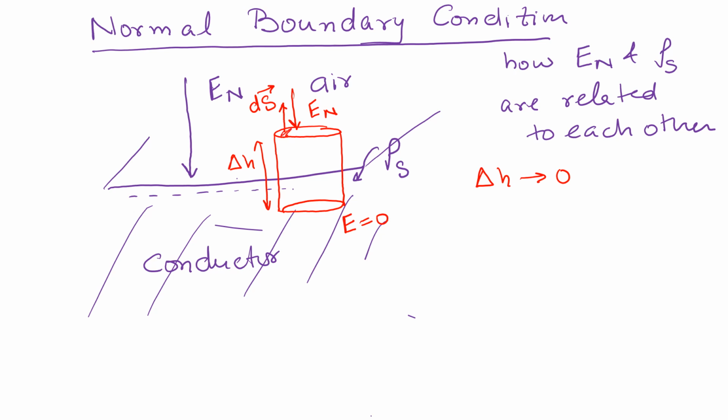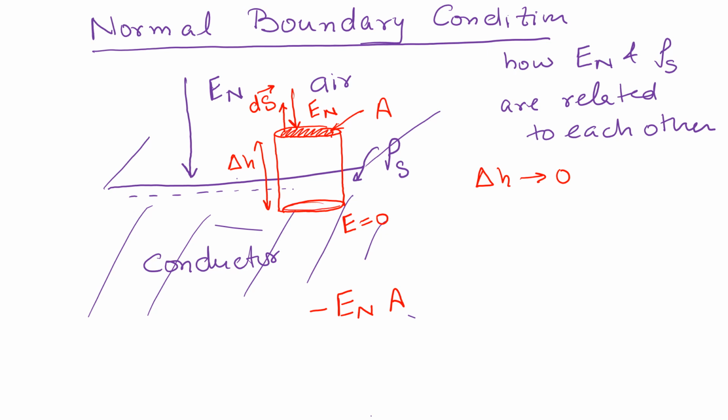And let's assume that this cross-sectional area is A. So applying Gauss law, we get E normal times A, minus of that, because E and ds as I have drawn are in opposite directions to each other. The angle between them is 180 degrees, so cos is minus 1. So we get a minus E normal A.